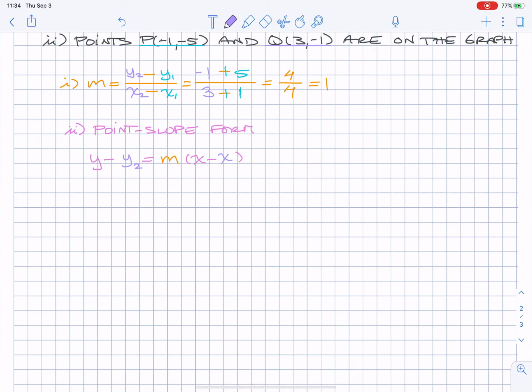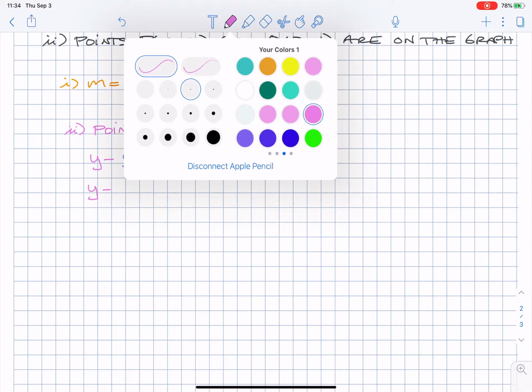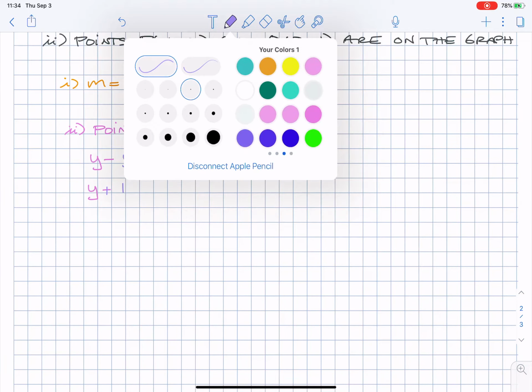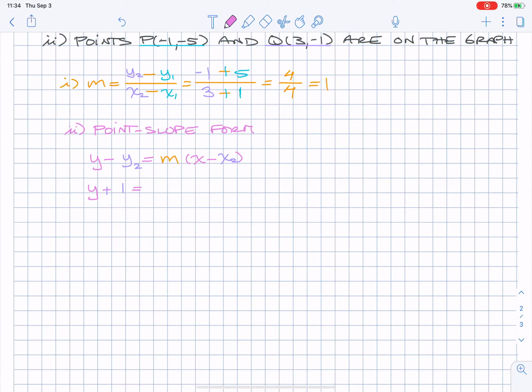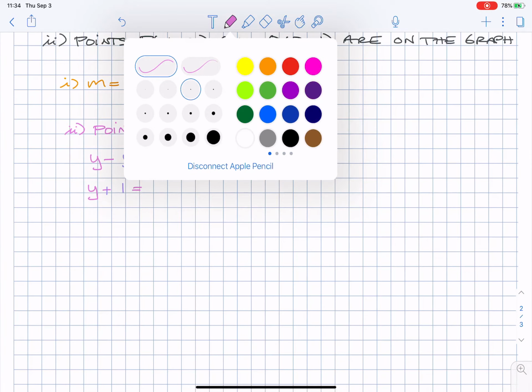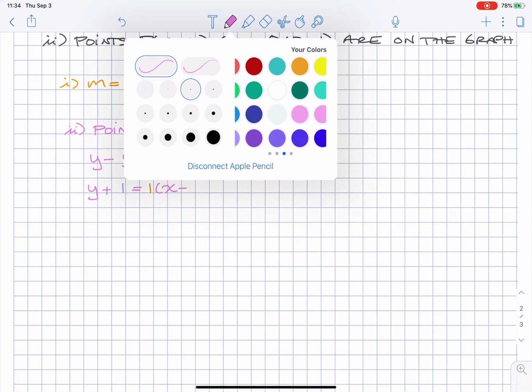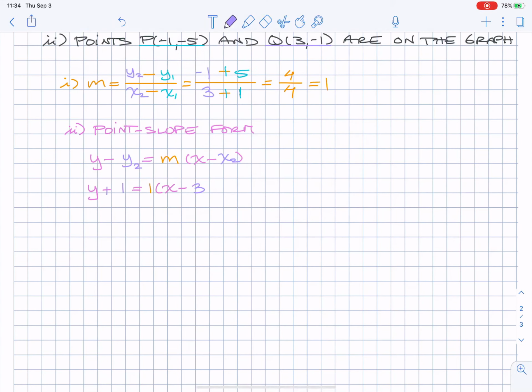So this will be y minus, now the y coordinate for Q is -1, so this will be y plus 1 is equal to, we found that the slope was just 1, times the quantity x minus, and the x-coordinate of Q is 3.